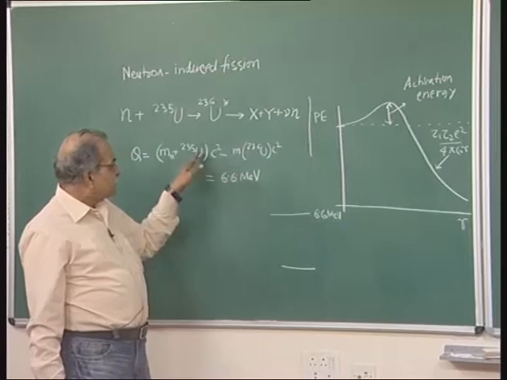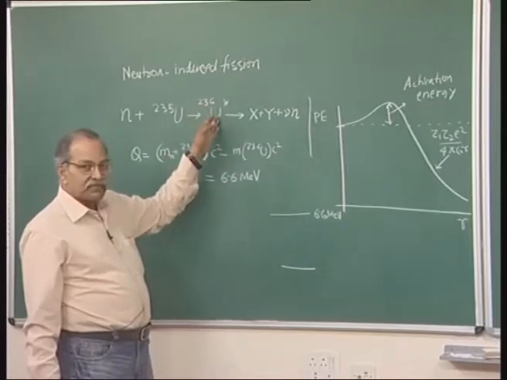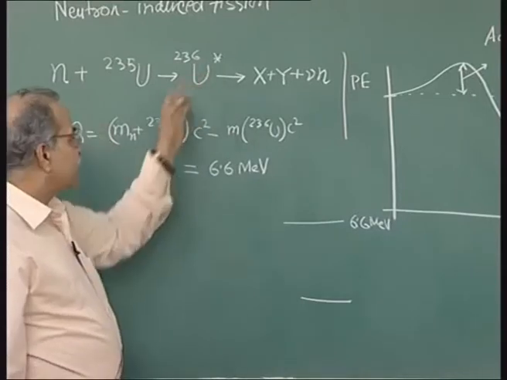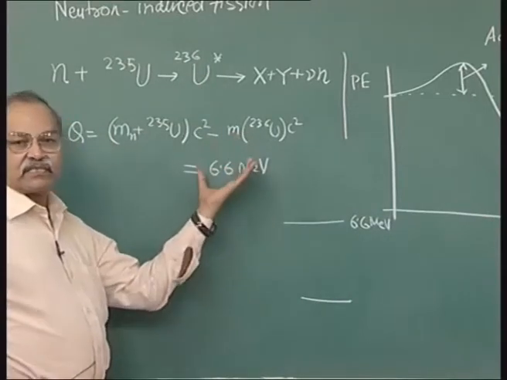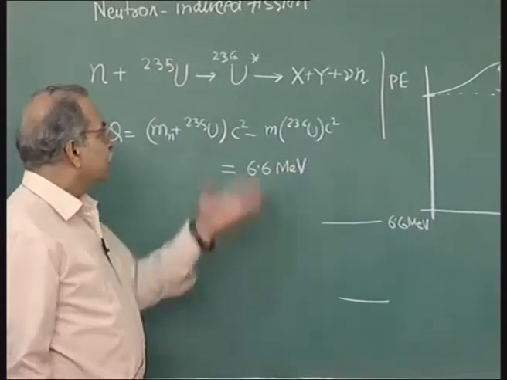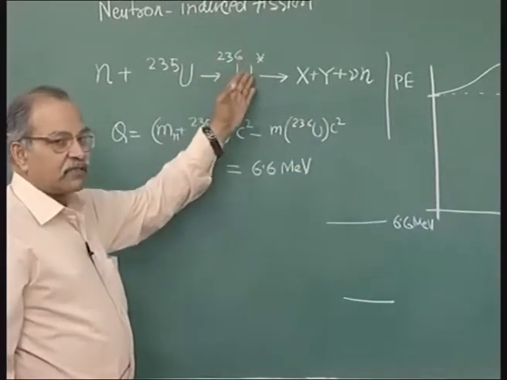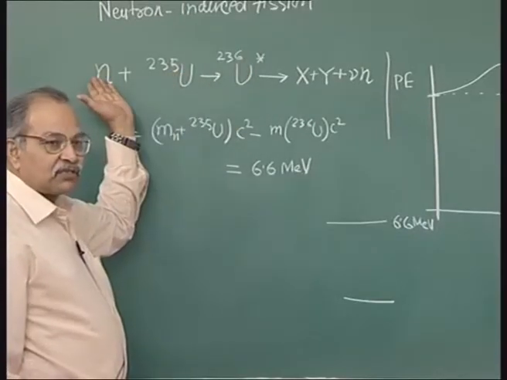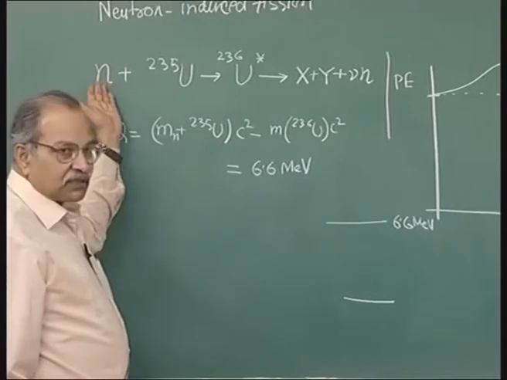So, when this uranium 236 is formed, because of this increase in binding energy, because of this reduction in rest mass, that much energy is there. Where does it go? It does not go into the kinetic energy, because the target is at rest and we are sending the neutron with almost zero energy.